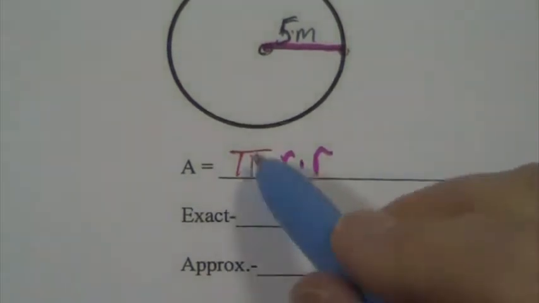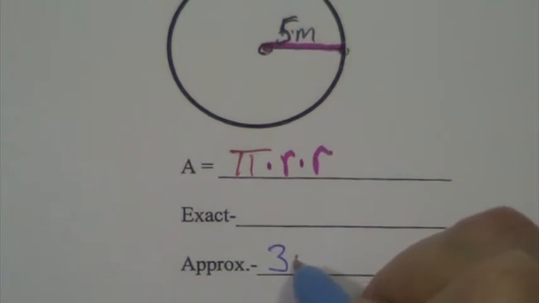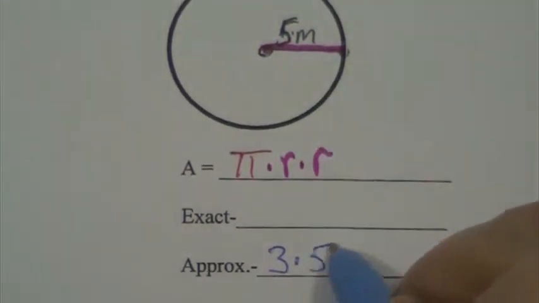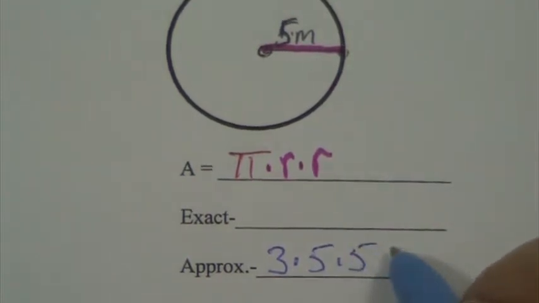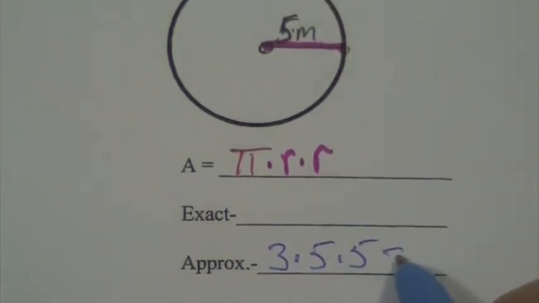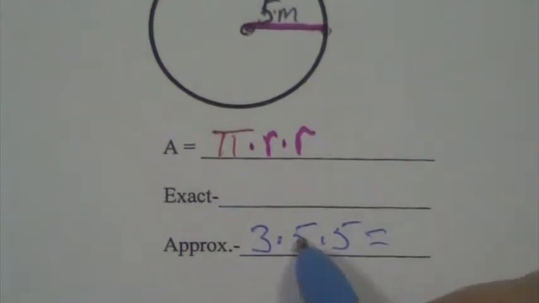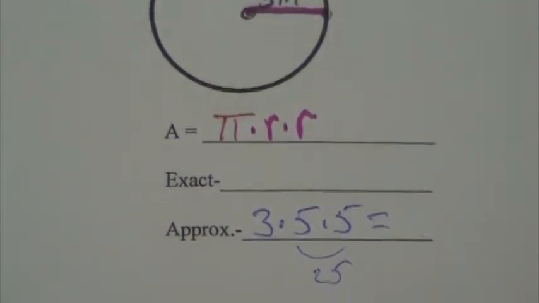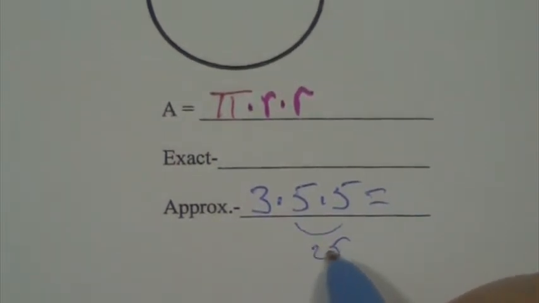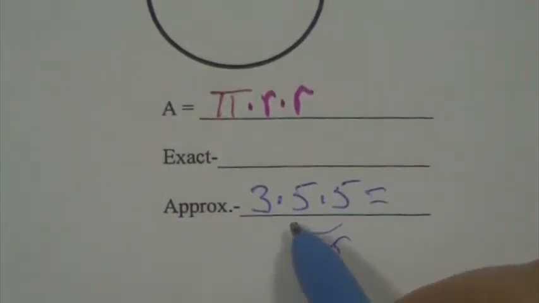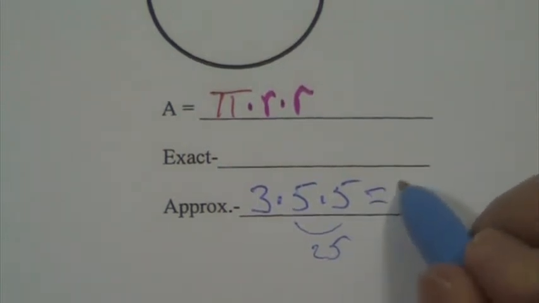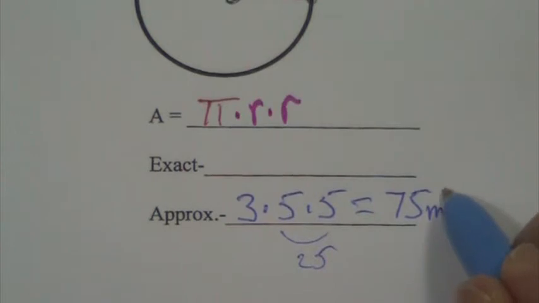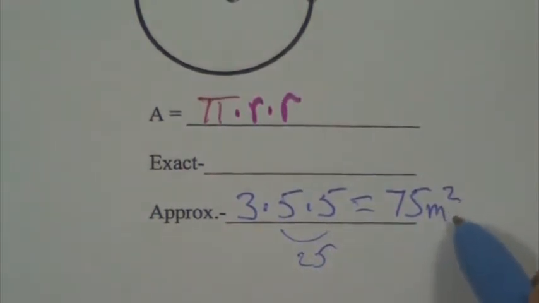So if I put 3 for pi and my radius is 5 meters, now I just need to multiply that out. I know 5 times 5 is 25. So 25 times 3, or 3/4, is 75. So it's 75, and we're talking about squares, so it's squared.